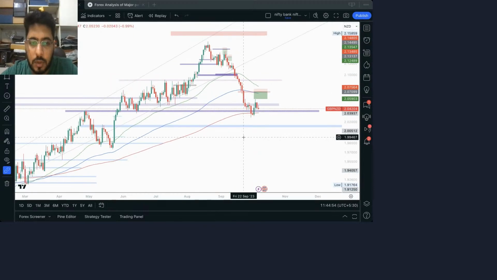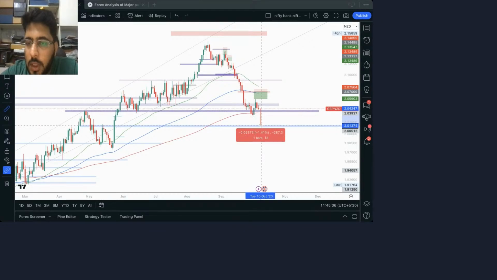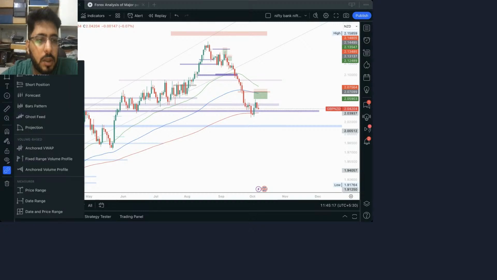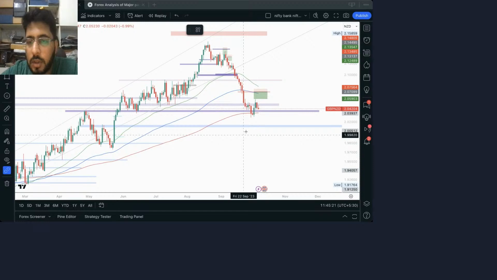So the next zone for me is this, at 2.01375. So how far is it? It's again approximately 300 pips from here and 300 pips from here. So whether it comes to this level or this level, I'll take that. I'll definitely try to take that long position.